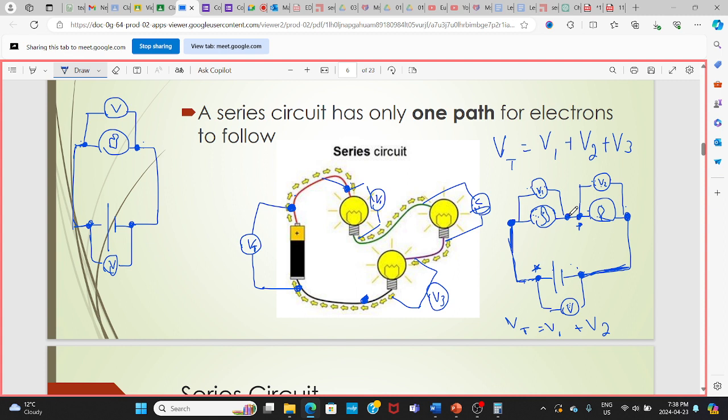But if at least one of them is not connected without interruption, you cannot say this voltage is the same as that, because you have to pass through a load to get to this point. But this point is the same as this point because you don't pass anything on the way.